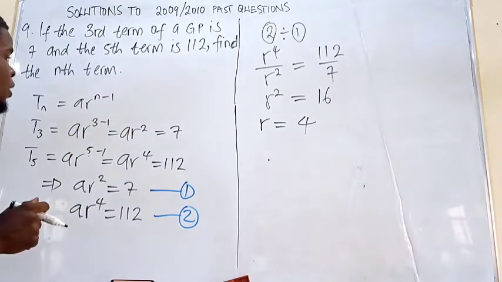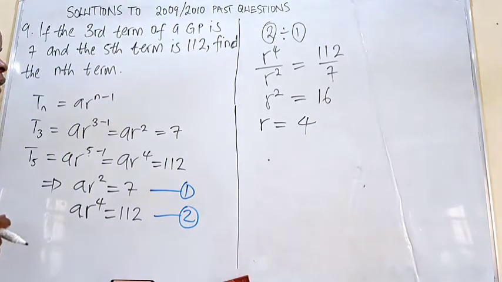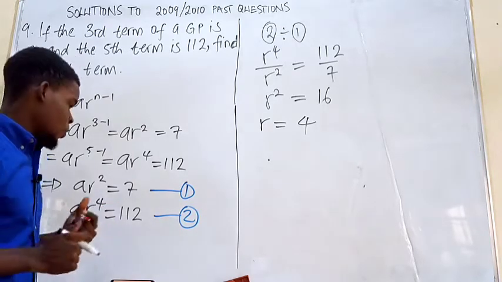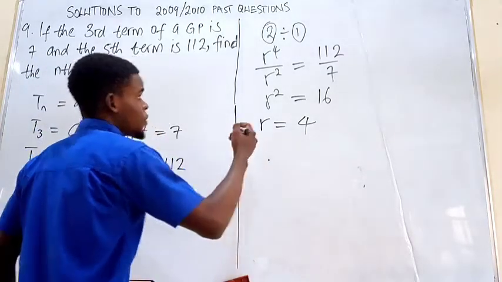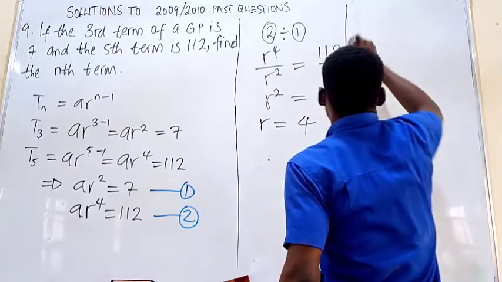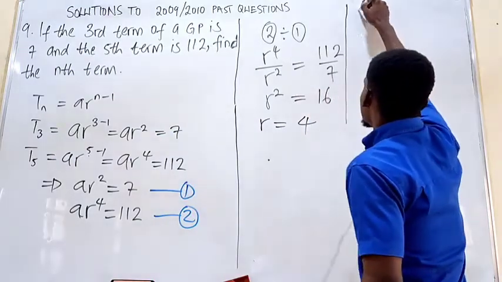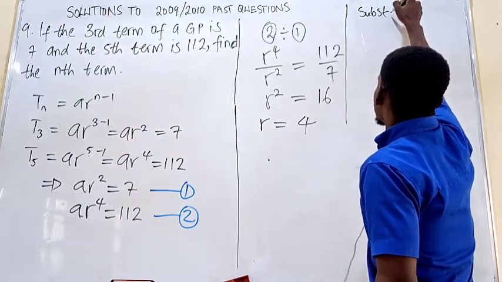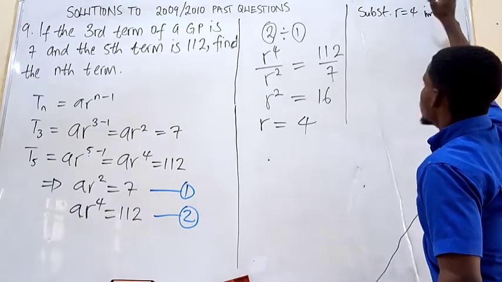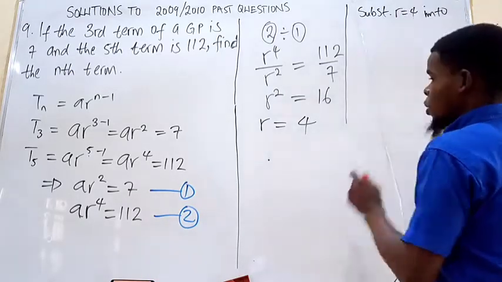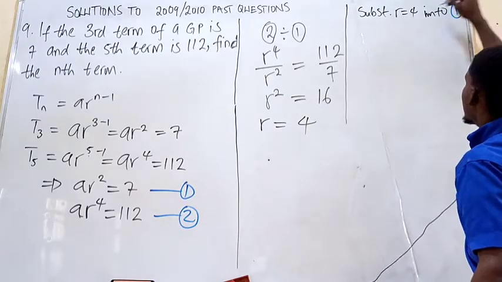Okay, so we have that to be the value of r, and we can plug that into any of these equations to get our value of a. Let me just use this part to solve for that. Substitute r equals 4 into equation 1.